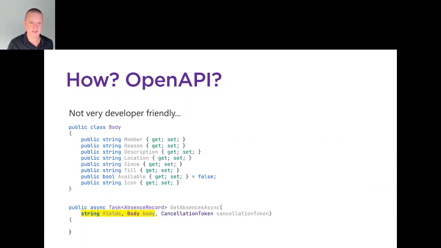A quick other example of how OpenAPI is not ideal here. If you would, for example, want to get all of your vacations, OpenAPI or NSwag would generate something like this that says GetAbsencesAsync, then a string fields. This is that fields parameter on which properties you want to get returned from Space.